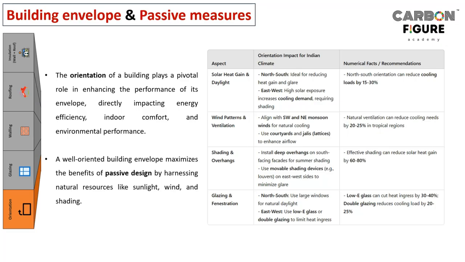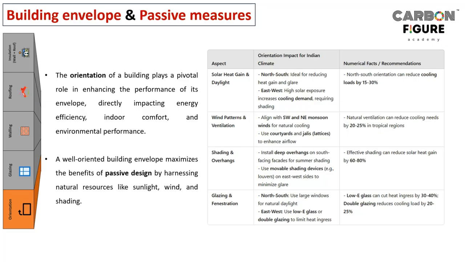So having a courtyard in the building design is highly recommended for increasing natural ventilation. Natural ventilation can have the potential to reduce your cooling demands by 20 to 25%, especially in tropical regions. Then shading and overhangs.